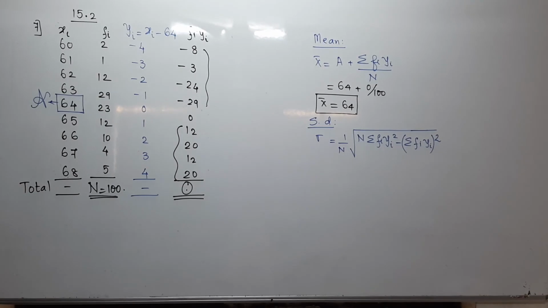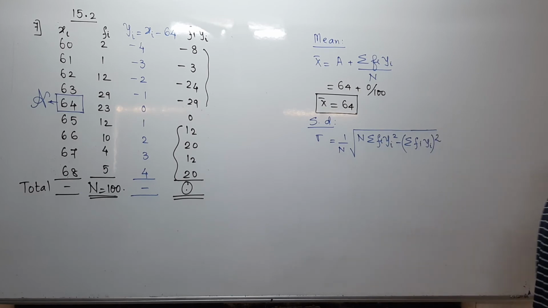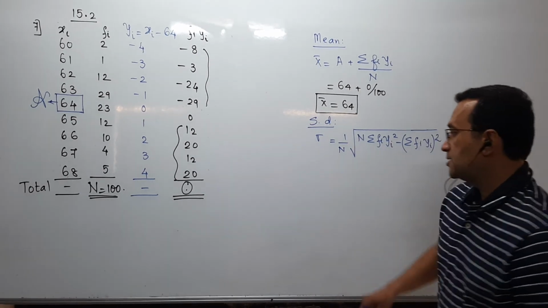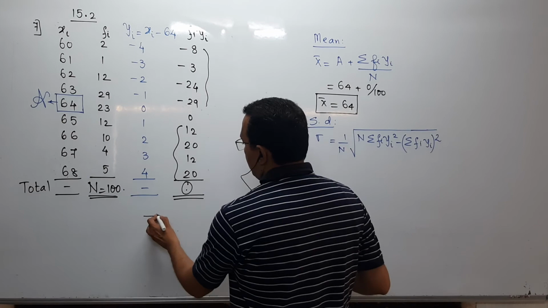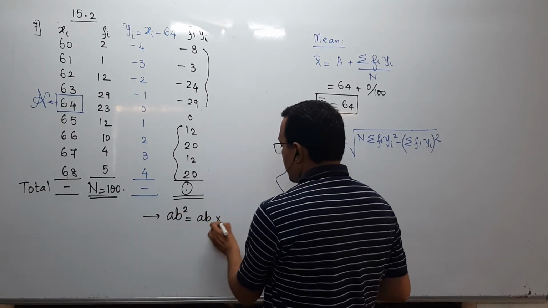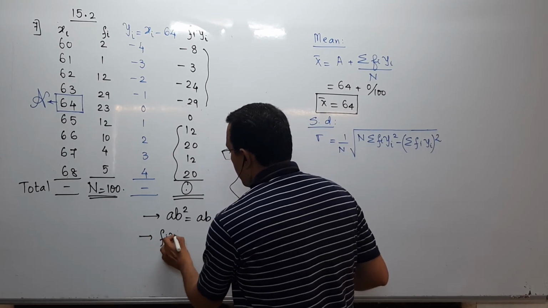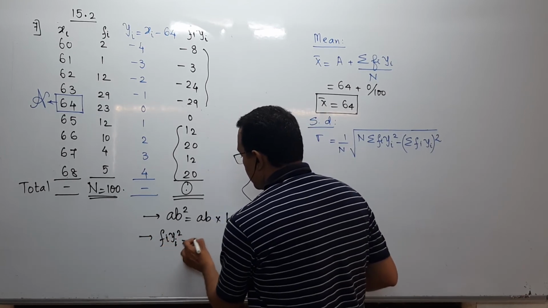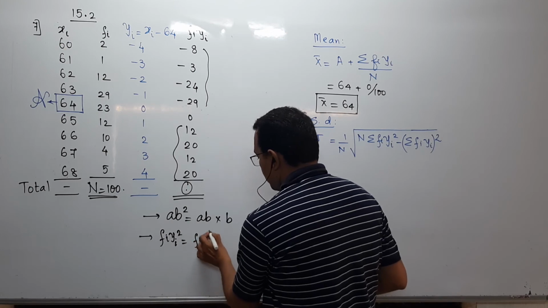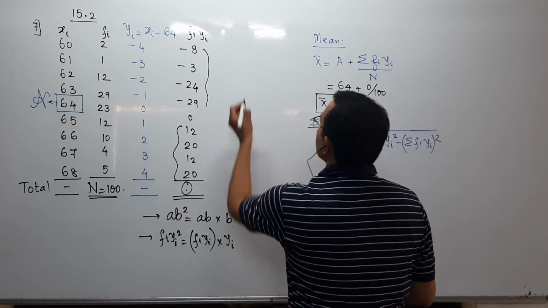Now here the most important point, students, which you have to understand is this: suppose I have a into b square, then this is written as a into b into b. Same way, fi yi square is obtained as a product of fi yi into yi.